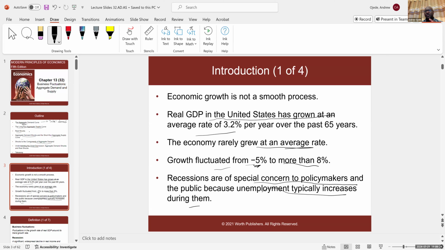So anytime an economy is hit by recession, policymakers in Congress or at the Federal Reserve are always very concerned. They're going to try to put in policies to tame down the severity of the recession, make sure that we get rid of the recession, get rid of unemployment.